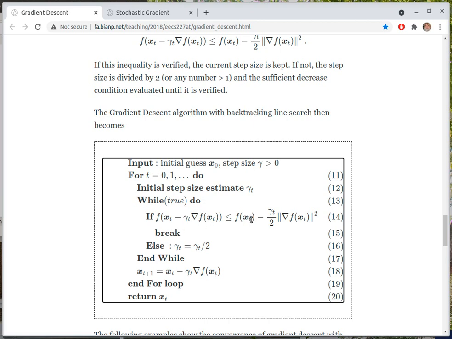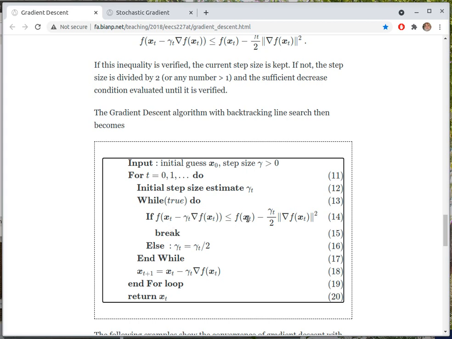Okay. Anyway, while you have this true flag here, we check our left-hand side and we see if it's less than or equal to this right-hand side. And if that is true, break out of the loop. Otherwise, we divide our adaptive step size by 2. And then we keep doing that until we get a step size that makes this inequality true.